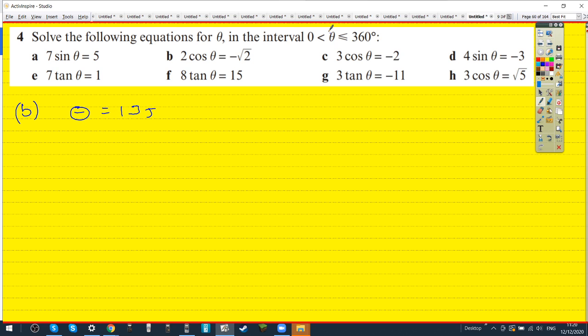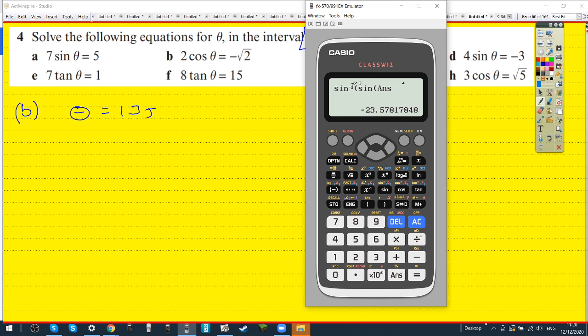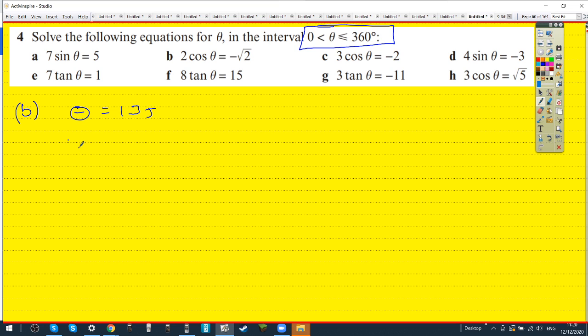Okay, between 0 and 360. Do 360 minus 135, which gives you 225. Let me just check. Negative root 2 equals this. Divide by 2 equals this. Shift cos 135. Yeah, great. And let's try question G.